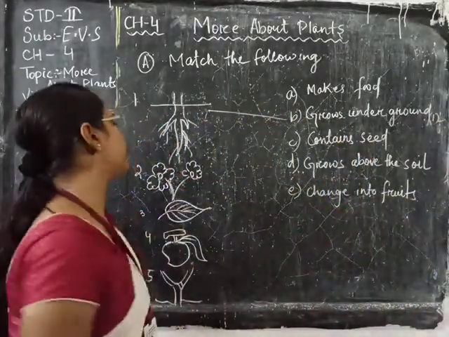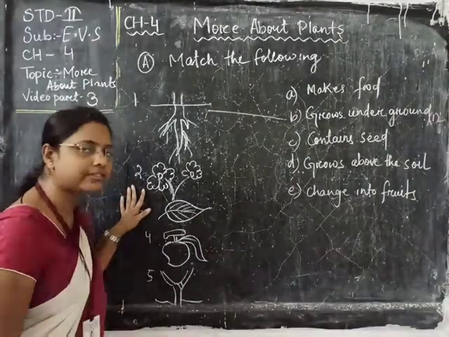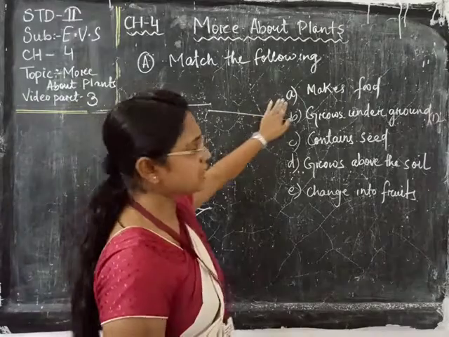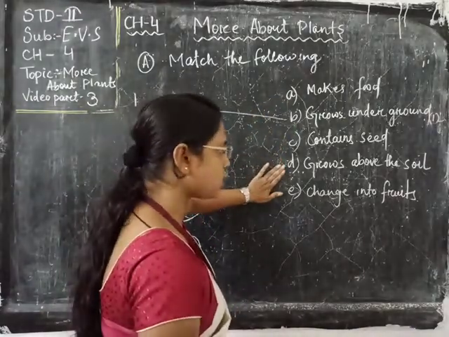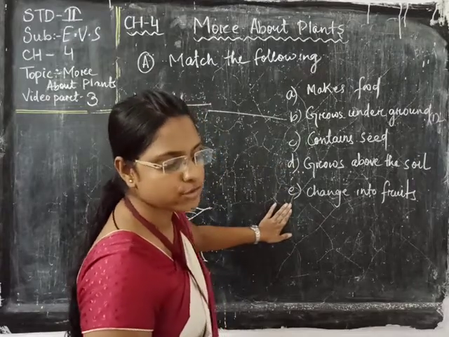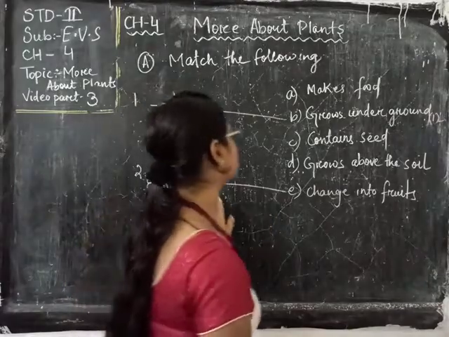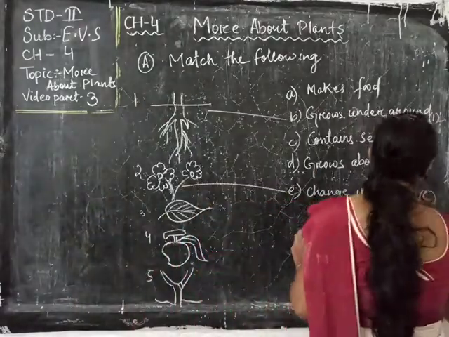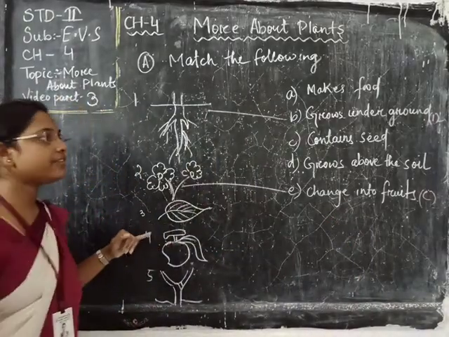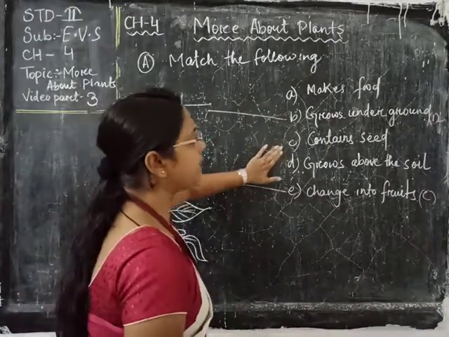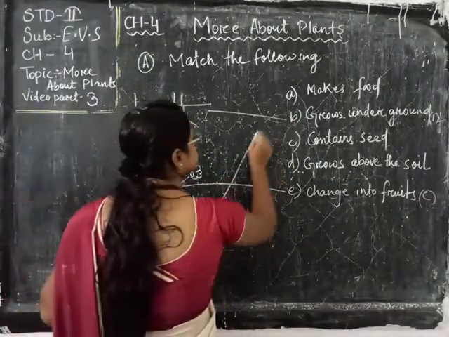You can write here number 1. Next, what is it? It's a beautiful flower. Flower makes food? No. Contains seed, grows above the soil, or change into fruits? Yes, it changes into fruits. So you will write here E. Then number 3, it's a leaf, and leaf is used to make food.